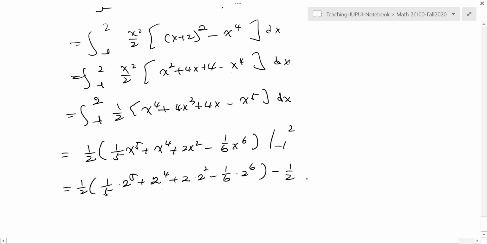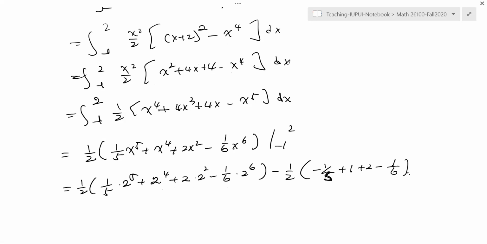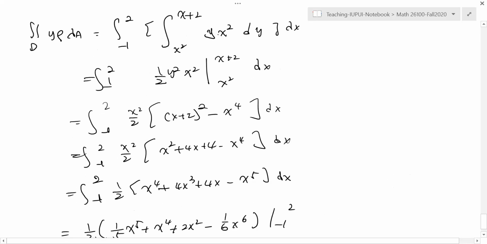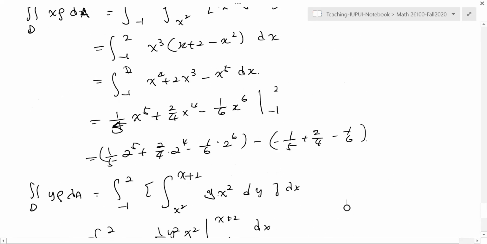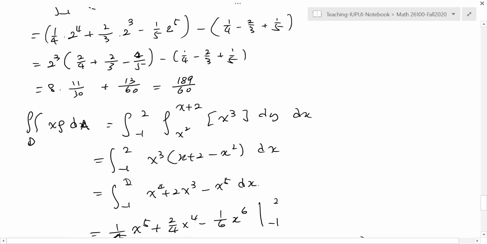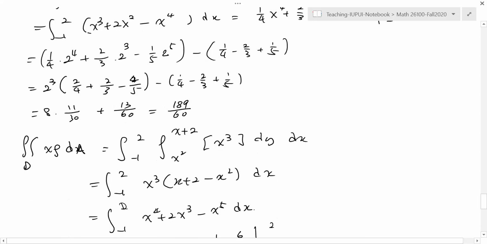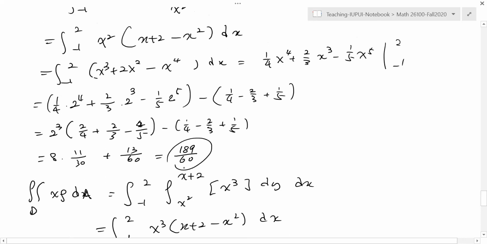And here when you plug in -1, that's -1/5. That's a positive. Okay, so those are very bad numbers, and then you write down the formula for the x bar and the y bar. I think this is a really complicated problem. I only finished this in the math.